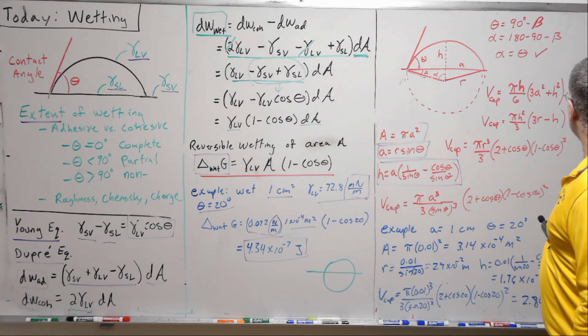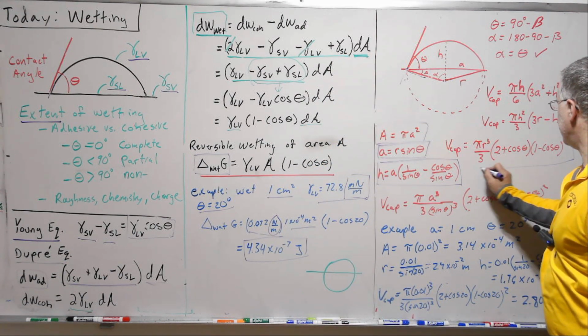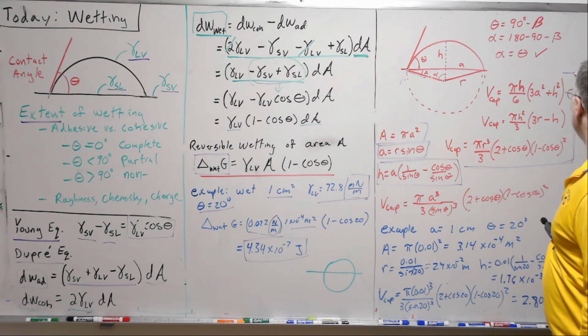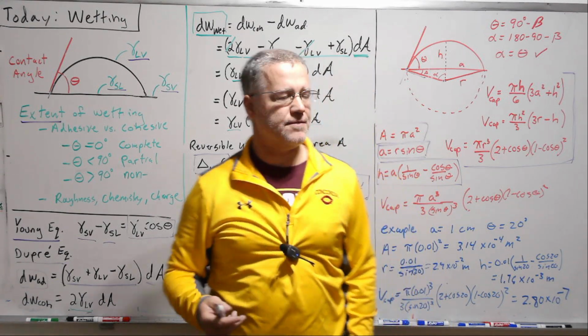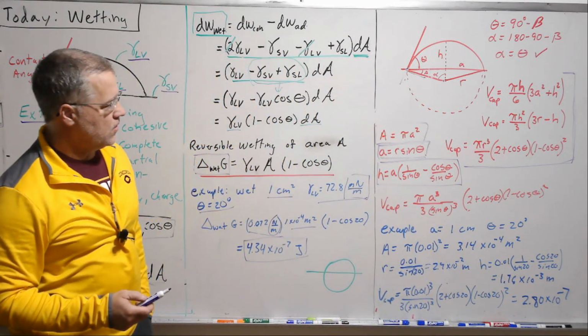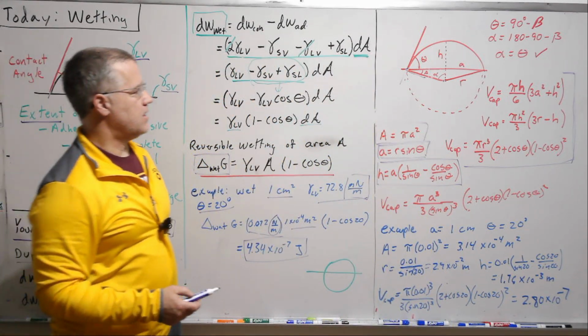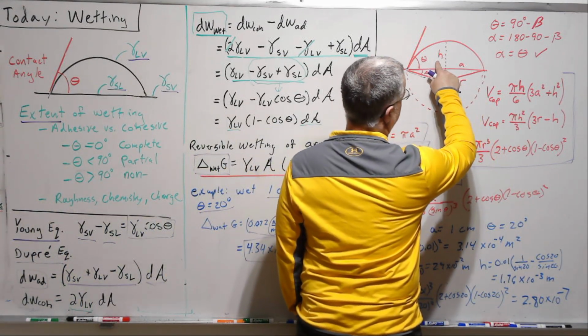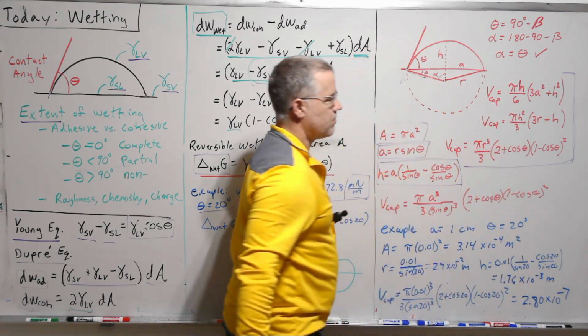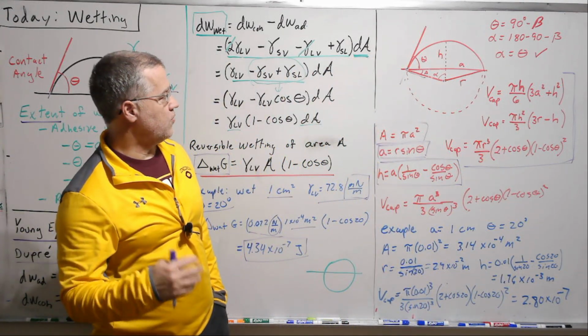There are three common ways to cast the volume, and it depends on which is more convenient. And so I've just listed these here. We can cast the volume in terms of A and H, which might be a good thing to do for wetting.